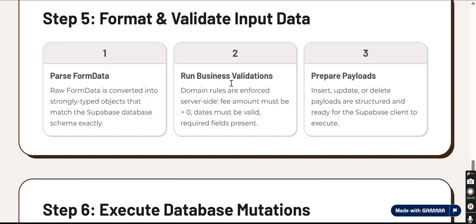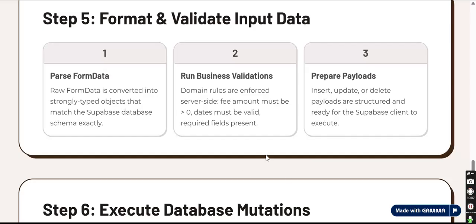Dates must be valid. Required fields present. This data should not be null, that data should be null. Then prepare payloads for insert, update and delete, ready for the Supabase client to execute.